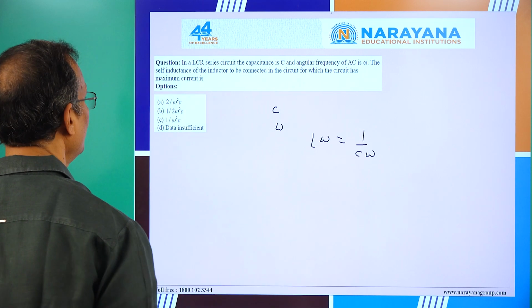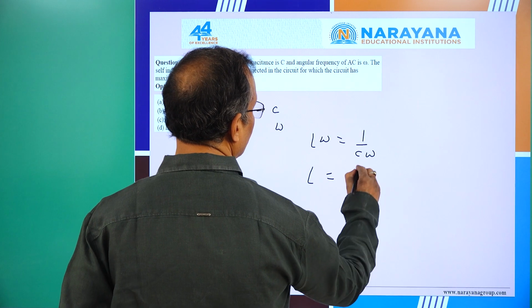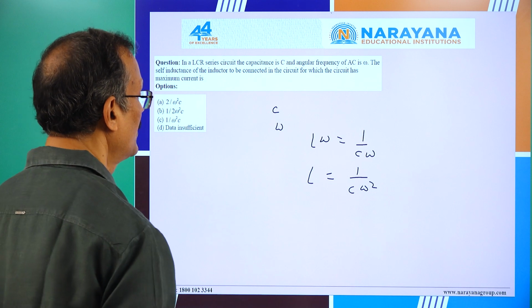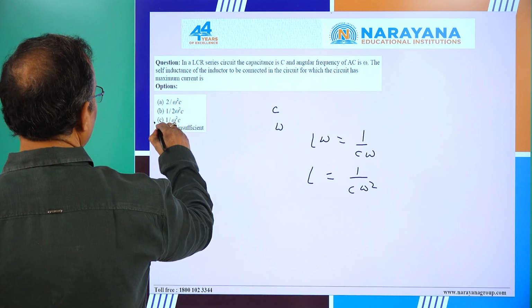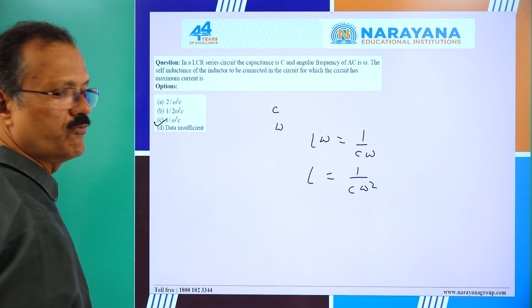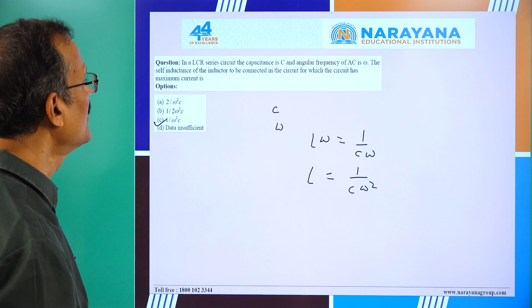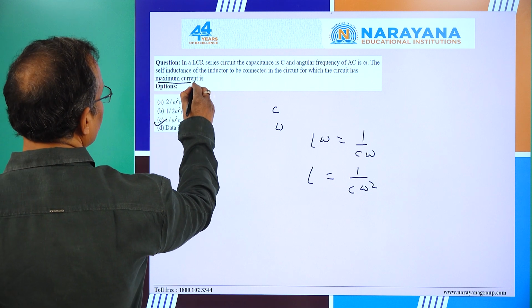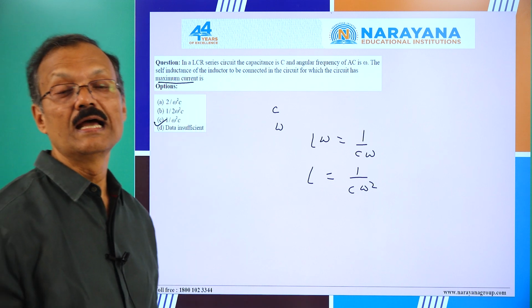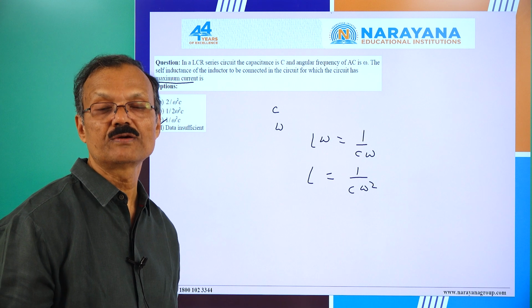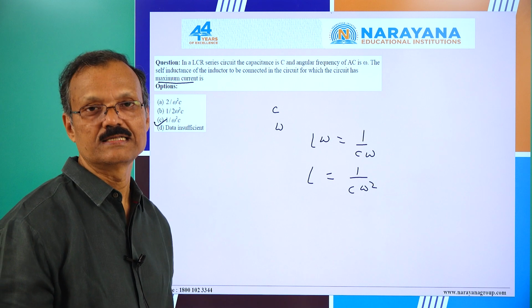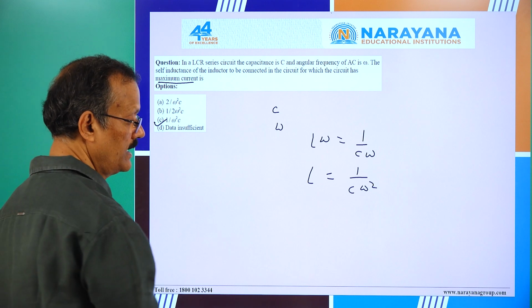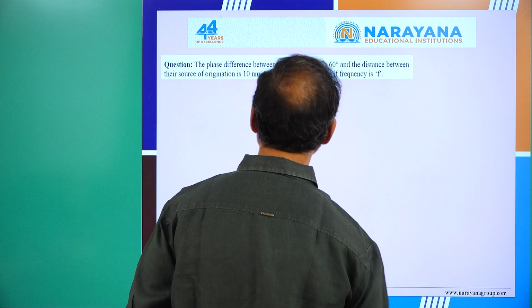They are asking you L will be equal to 1 by C omega square, or 1 by omega square C. Answer is C. Straightforward answer you are getting. Question is damn simple. The important factor is here maximum current. For maximum current, capacitive reactance must be equal to inductive reactance. L omega must be equal to 1 by C omega. Now, let us move to next question.